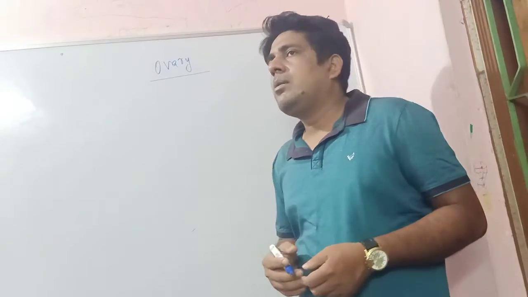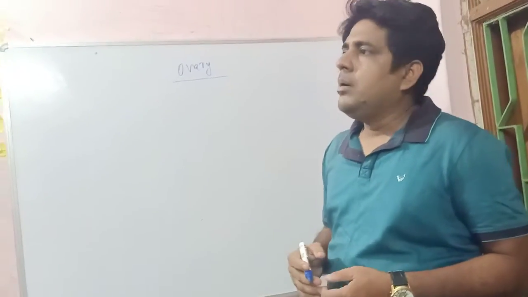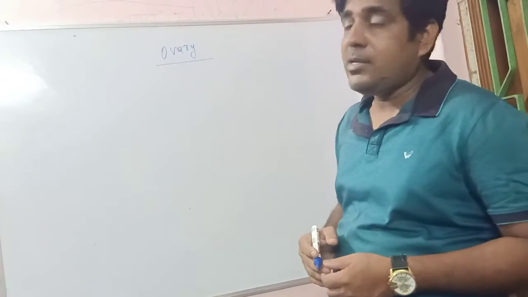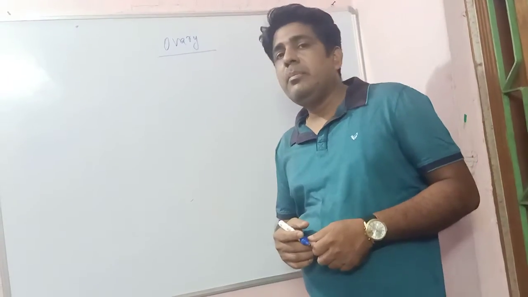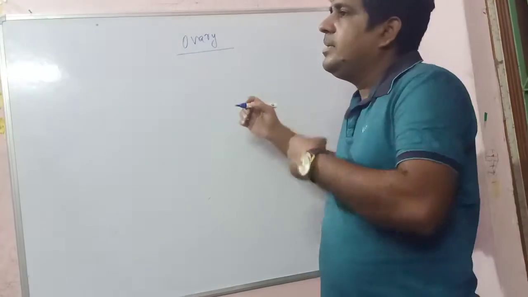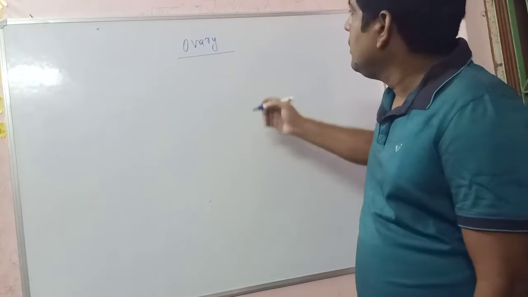Ovaries are called the primary sex organ of the female. Why are ovaries called the primary sex organ of the female? Because they produce the ovum and the chief sex hormone estrogen.